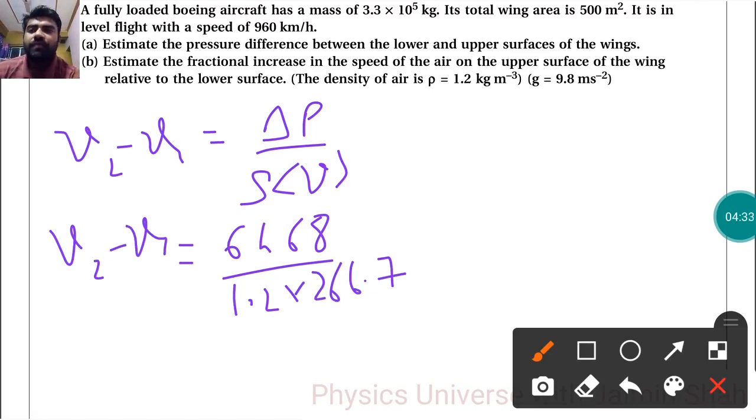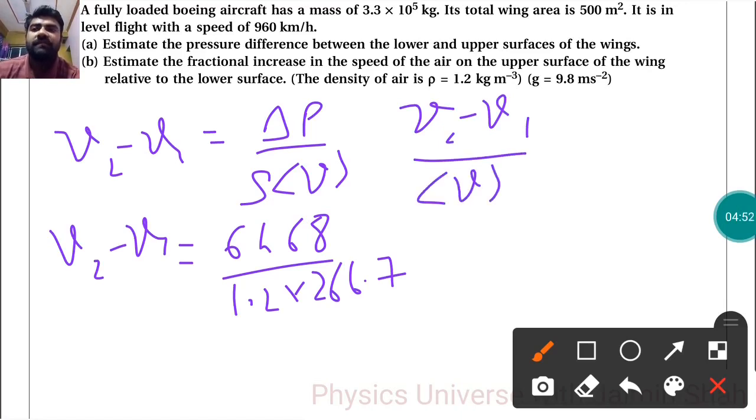So v2 − v1 is 6468 upon 1.2 upon 266.7, so that is 20.20, but that is our v2 − v1. We have to find again the average v, so divide by average v, 266.7. So the answer will be 0.0758.